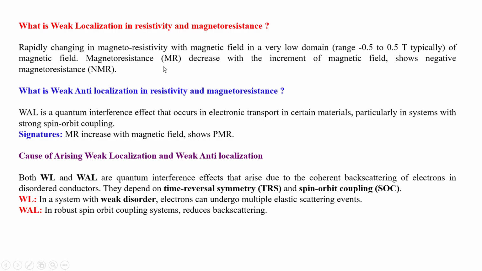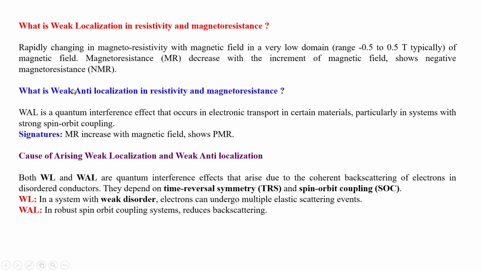The resistance decreases with the increment of the magnetic field. This is shown at very low values of the magnetic field, approaching 0 Tesla. This shows a very high value of resistance that decreases with the increment of the magnetic field. So this shows negative magnetoresistance.